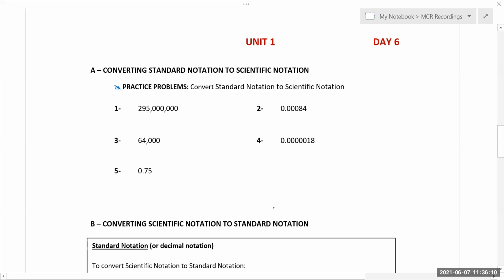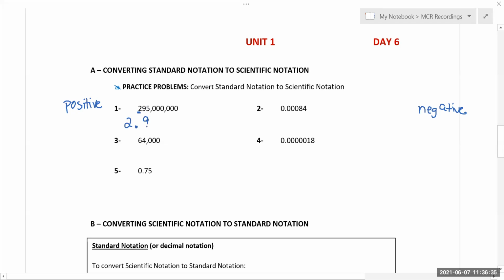So hopefully you have paused, you have tried, and you are back. So this is a very large number. So very large numbers are going to have positive exponents. This is a small number, meaning between 0 and 1. So that's going to have a negative exponent. So to go through these, I want to get to where I only have one number in front of the decimal.